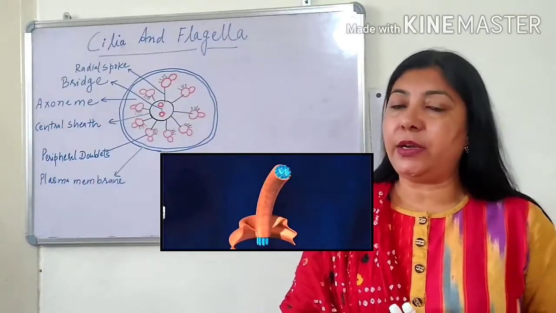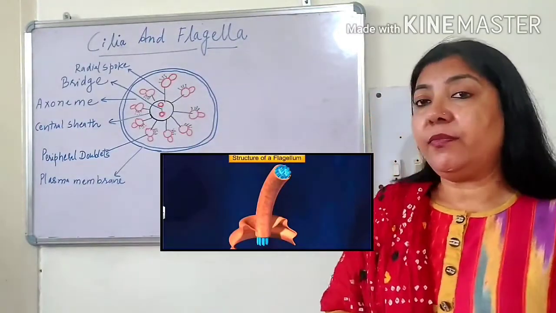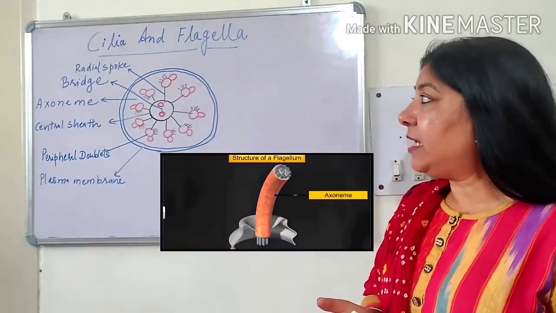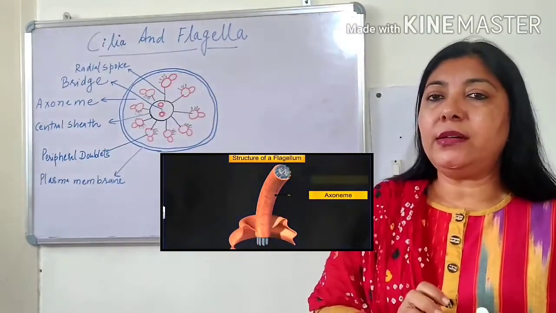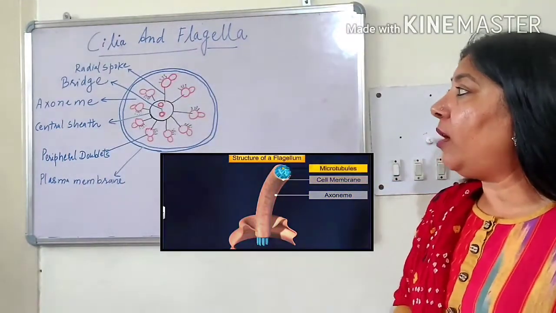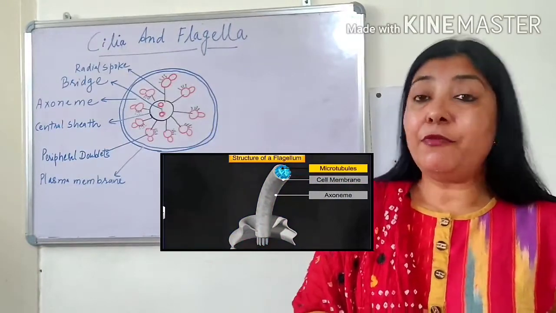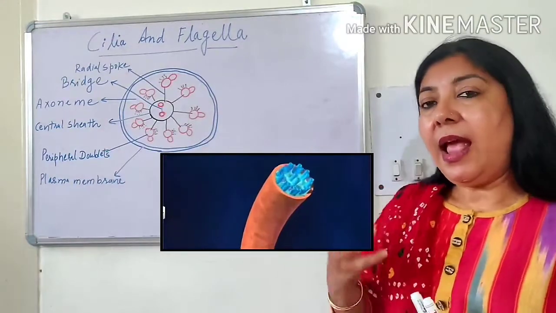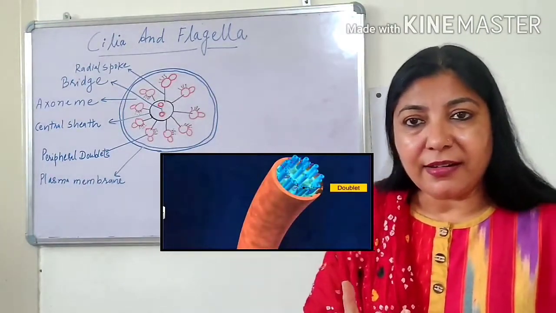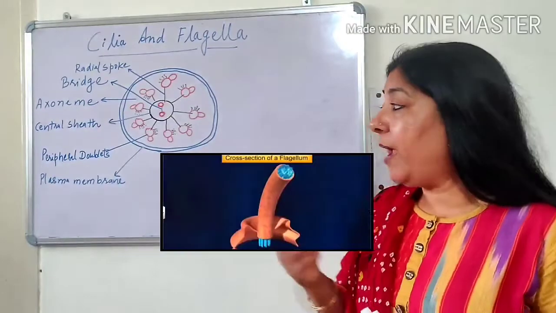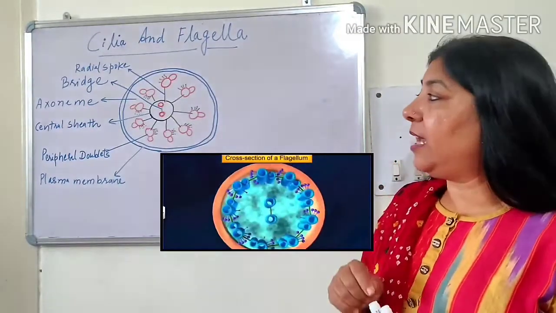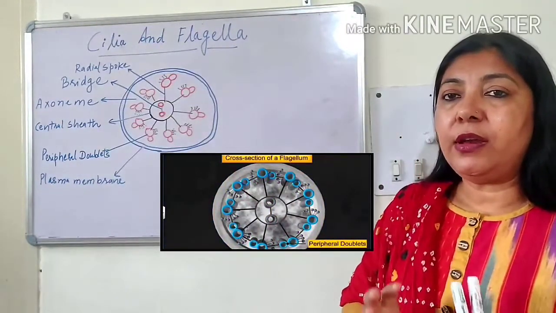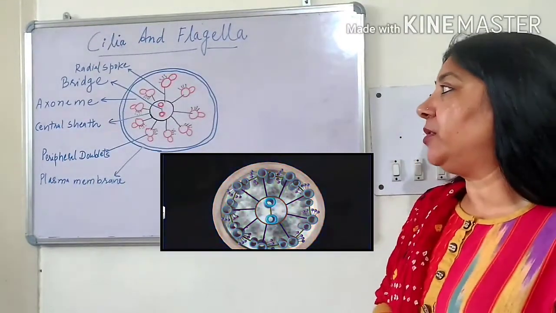Now if you see the cross section of cilia or flagella, we will see that the core of the cilia and flagella is called as axoneme, which is surrounded by a single plasma membrane. And in the core, there are 9 doublet microtubules. And in the center, there are 2 microtubules. That's why it gives an appearance of 9 plus 2 arrangement.